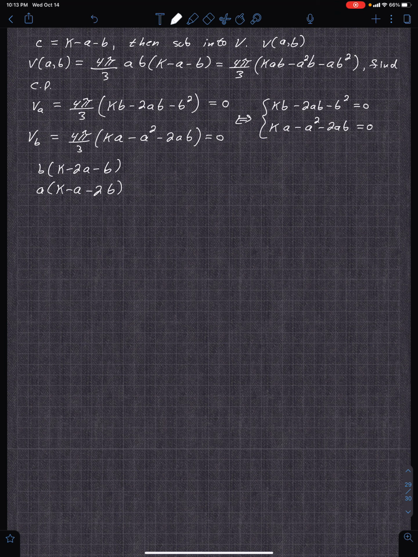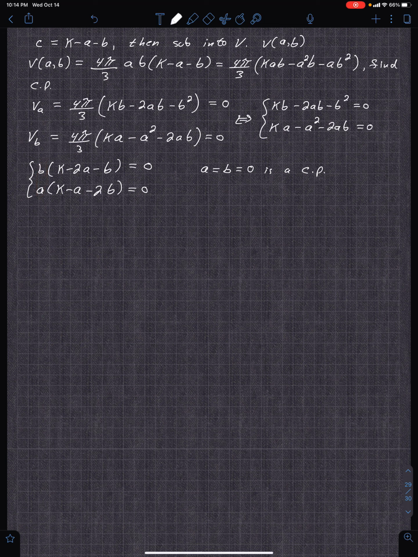Right now, these are equal to 0. So a equal to b equal to 0 is a critical point, because that's this solution right here.